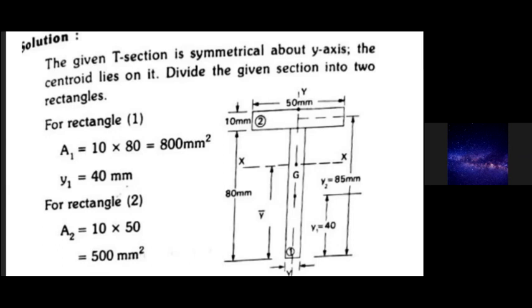The base of rectangle 1 is the same as the base of the composite section, so y1 is equal to half of 80, that is 40. And y2 is equal to, according to standard formula, the base of rectangle 2 lies at a distance of 80 mm from the base of the composite section, so we have to add this: 80 plus half of 10, that is 85.